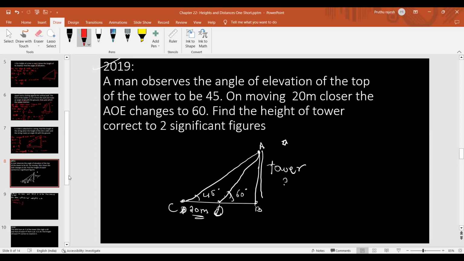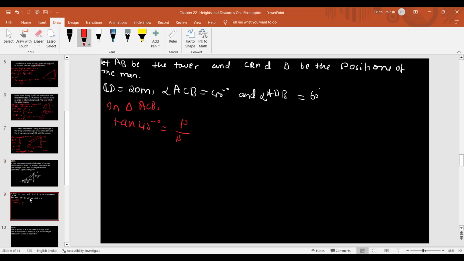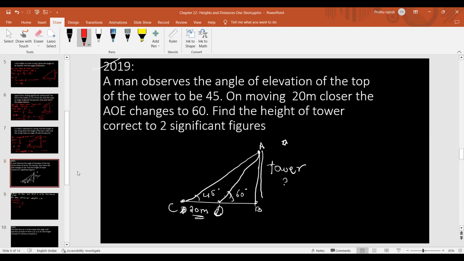They have given us the base value and the perpendicular value, and the base is 20 plus x or something, so it will be easier to calculate. So tan 45 is 1. 1 equals perpendicular divided by base, which is P divided by CD plus DB, this 20 plus this remaining distance.